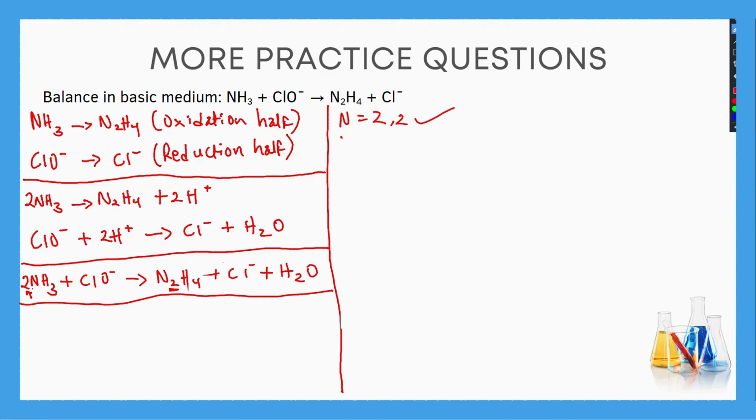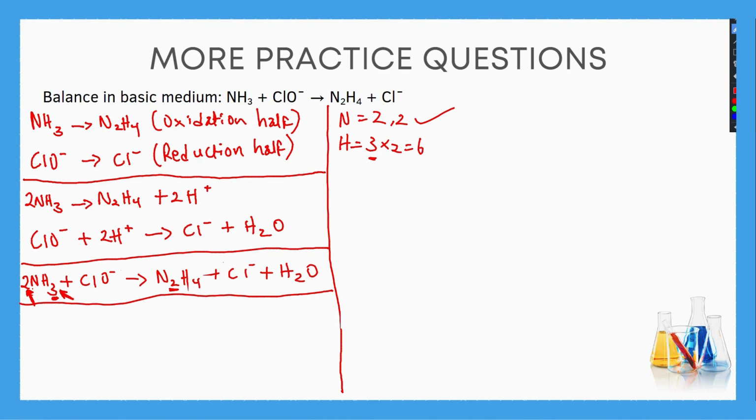The next atom is hydrogen. How many atoms of hydrogen do we have on the left-hand side? You can see there's a subscript of 3 here, which signifies that hydrogen has 3 atoms, and then there is a coefficient of 2 here, which indicates 3 times 2, which is equal to 6.